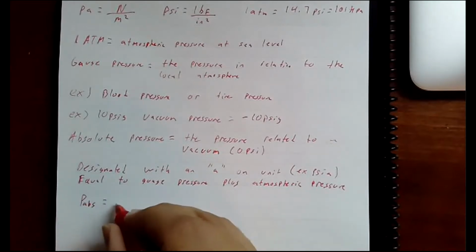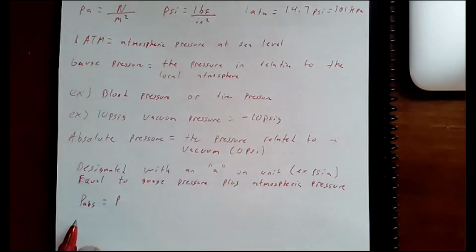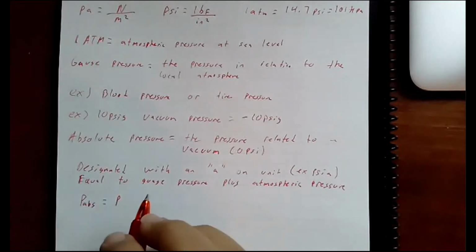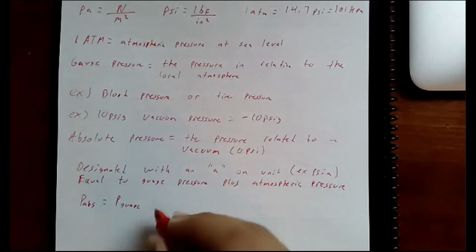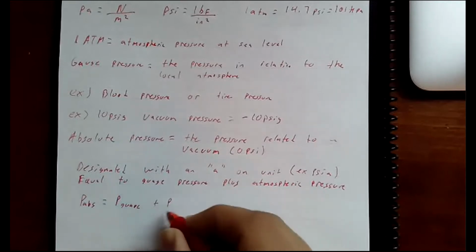And here's what I'm saying in this basic equation. Absolute pressure is equal to the gauge pressure plus the atmospheric pressure.